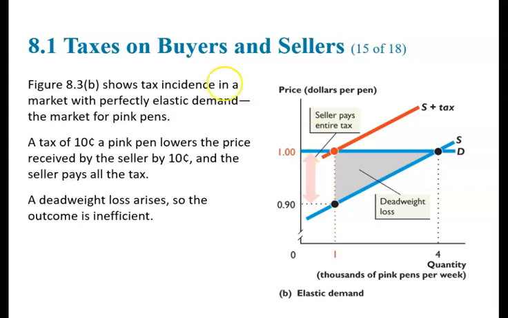So if a tax of 10 cents is imposed on the seller in this market, what will happen is that first of all, the supply curve will actually move up by the amount of the tax, which in this case is 10 cents. And when that happens, the seller will be totally getting the brunt of the tax, meaning all of the burden of the tax will actually fall on the seller.